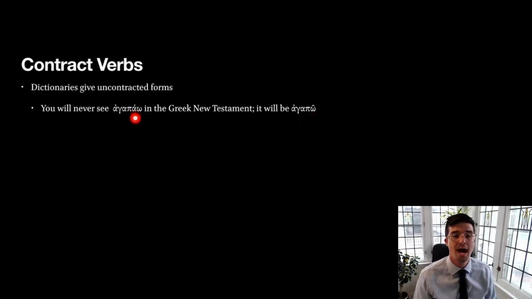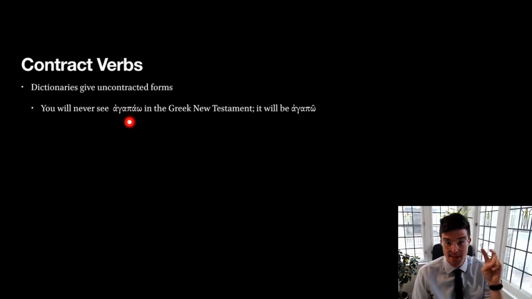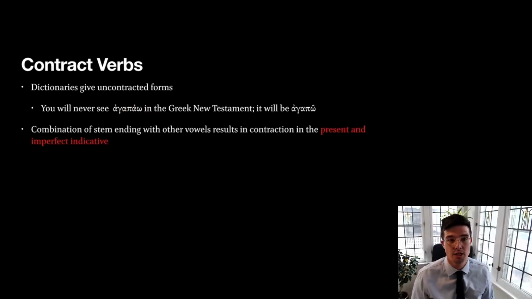So the contraction happens, but in the vocabulary list and in Greek lexicons or dictionaries, you're going to have the uncontracted form listed, and this is for your convenience so that you know what that stem vowel is. So just be aware that this is not an actual word that you will see in the wild in the Greek New Testament. You'll always actually have the contraction taking place.